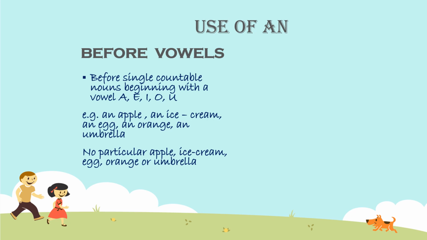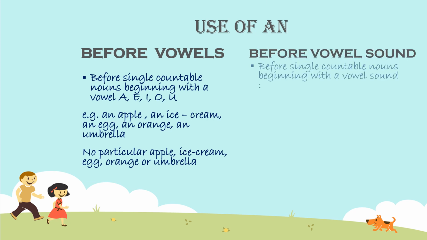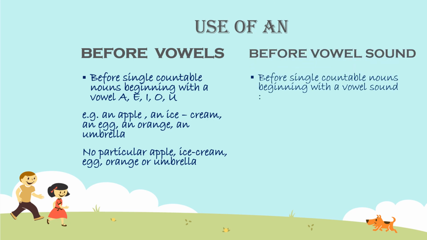An is also used before a vowel sound. That is, if a single countable noun is beginning with a vowel sound, then we will use an before it. For example, an hour, an MLA, an X-ray, an L plate, an honest man.